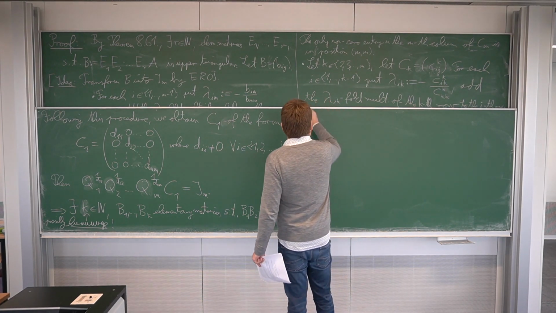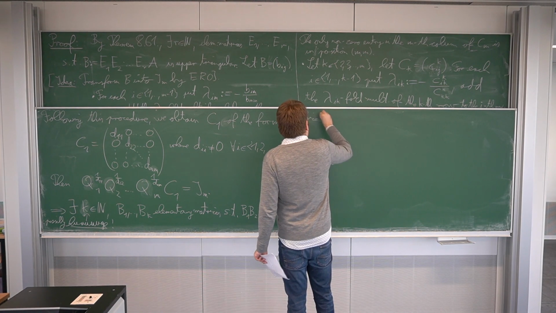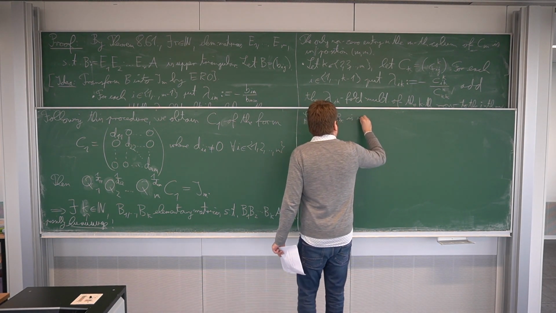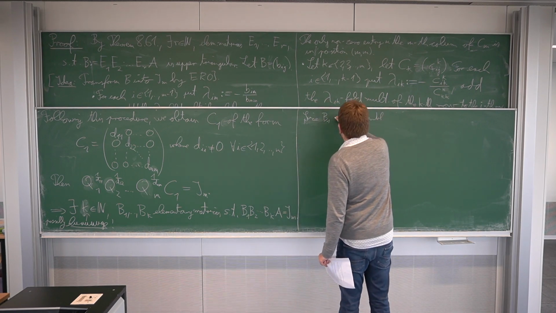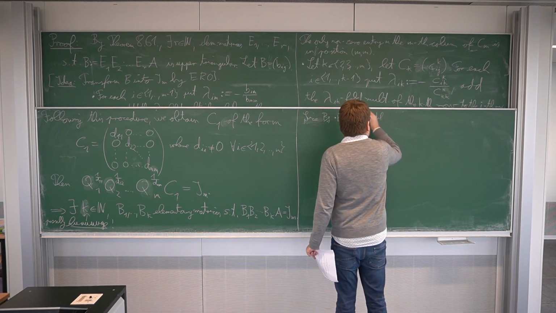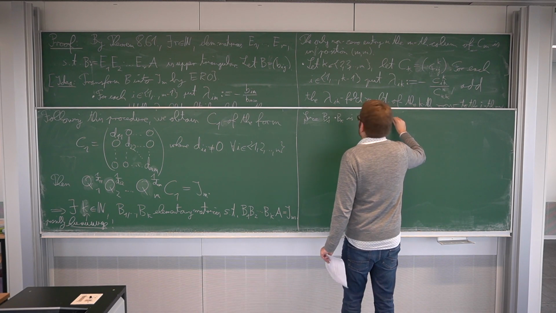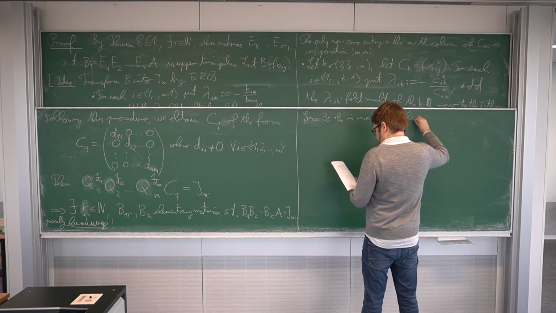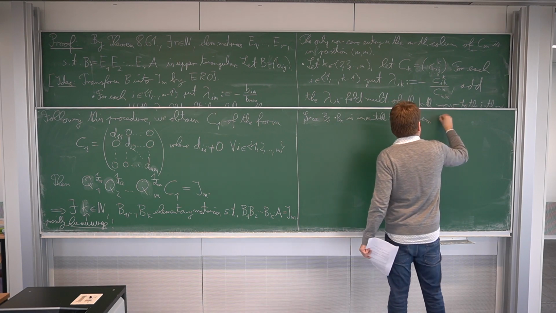So since B1 to Bk is invertible, so the product here, this is what we showed before. It was by theorem 862.